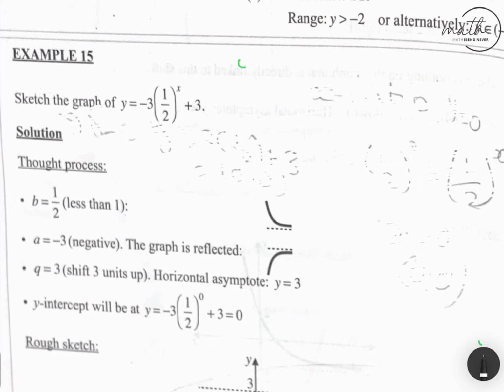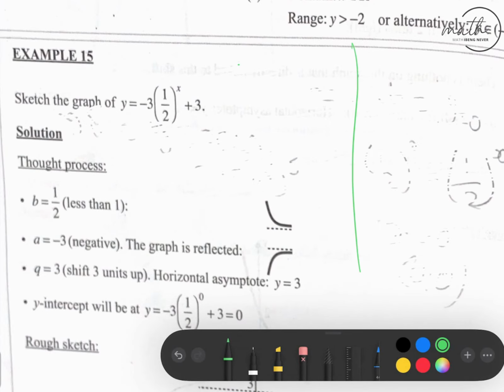In this case, immediately you can see that the dotted line will be on positive 3. That means if we start drawing our Cartesian plane, 1, 2, 3, the dotted line will be there because of this number. That is y equals 3.